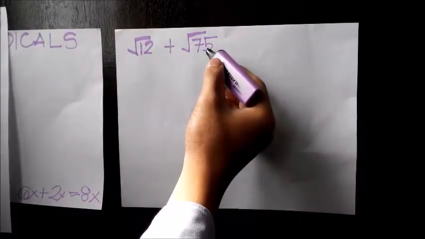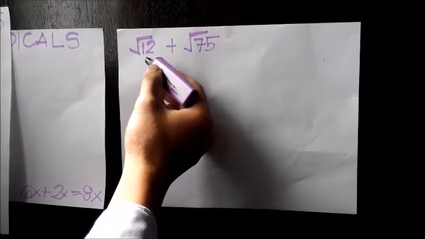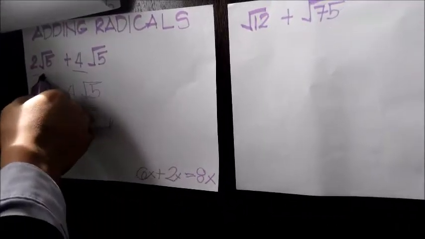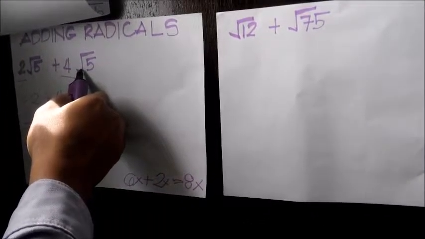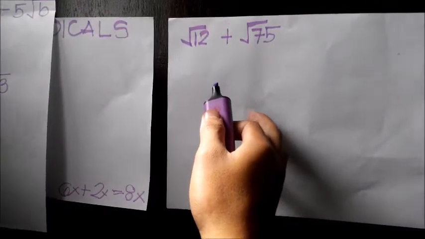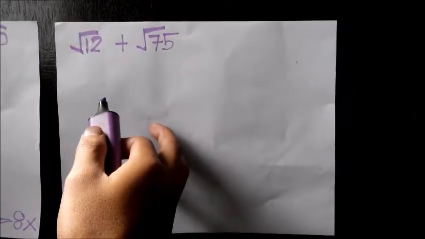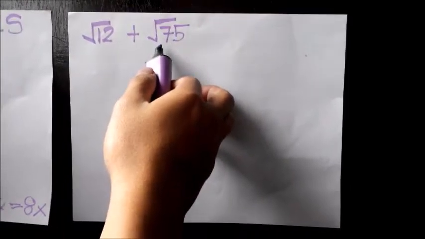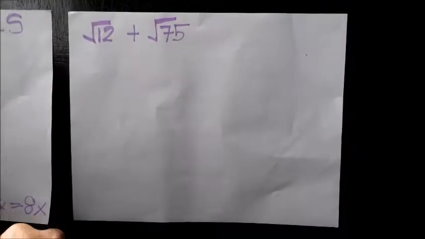Another example of adding radicals is the square root of 12 plus the square root of 75. Here we notice that the square roots are different. So what we are going to do is find the prime factors of these two.